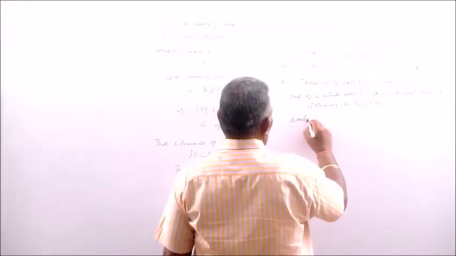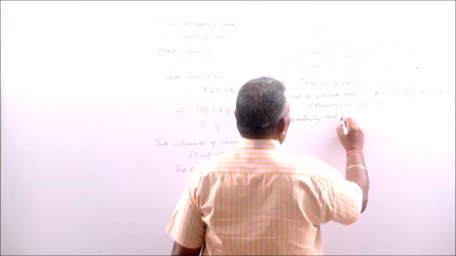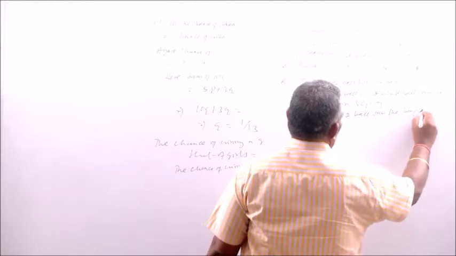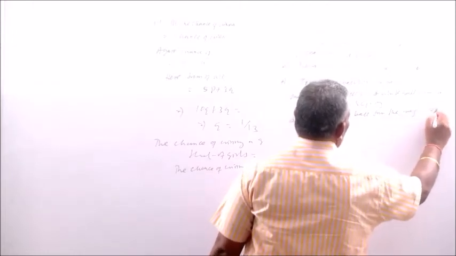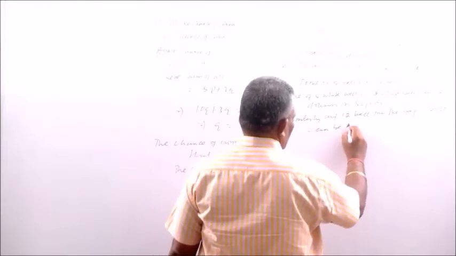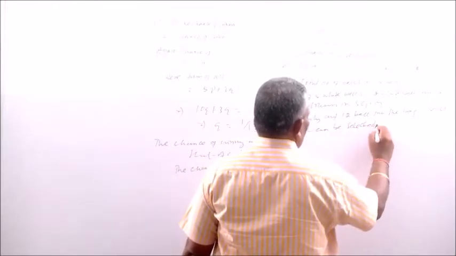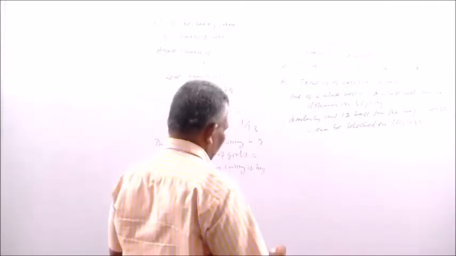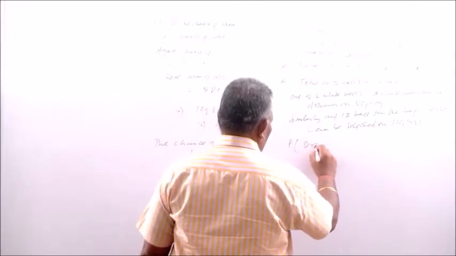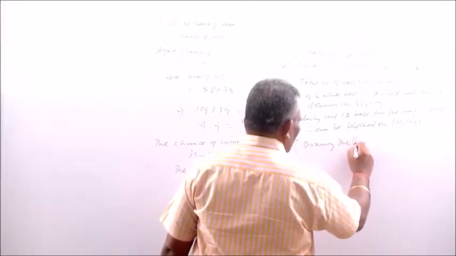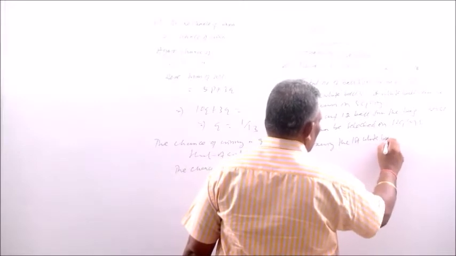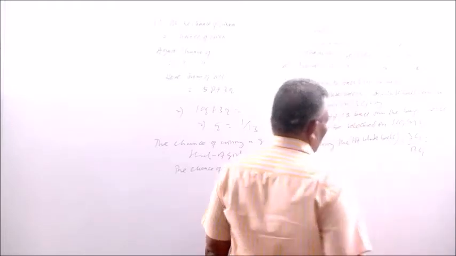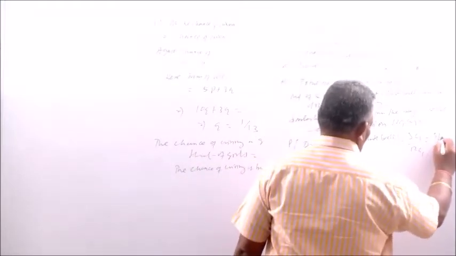So the probability of drawing the first white ball will be 5C1 by 12C1. There, you know nC1 equals n, so 5 by 12.